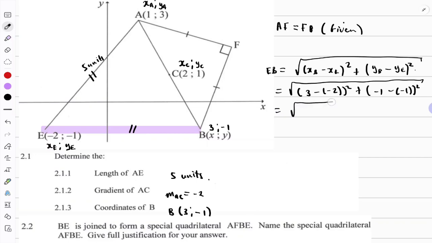So this is equal to 3 plus 2 is 5 squared plus negative 1 plus 1 is 0, so this is 0 squared, and 5 squared is 25, and the square root of 25 is 5 units. So it means the distance EB is 5 units.